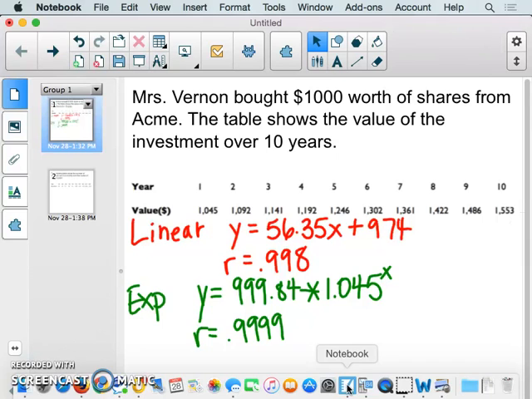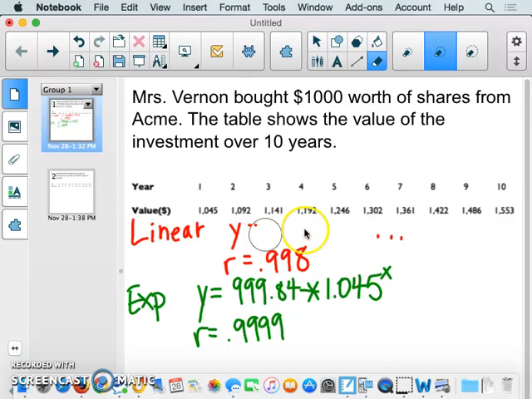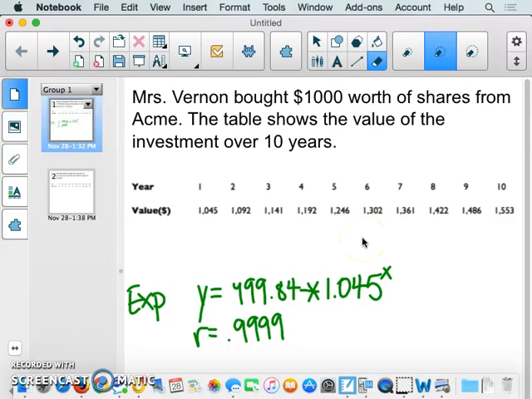And then we can even think about a sentence that we can write based on the exponential function, since the R value is higher, it definitely makes it so that we can say our function is an exponential function.